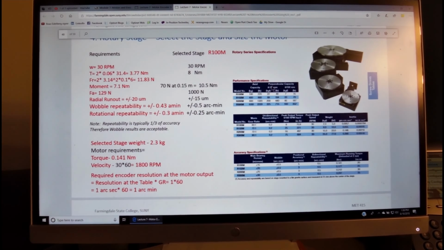Once we select the stage, we can now find out the weight of the stage, and also the torque and velocity in order to size the motor which will be connected to that particular stage on one hand, and also to use this weight as we go into the sizing of the next stage.